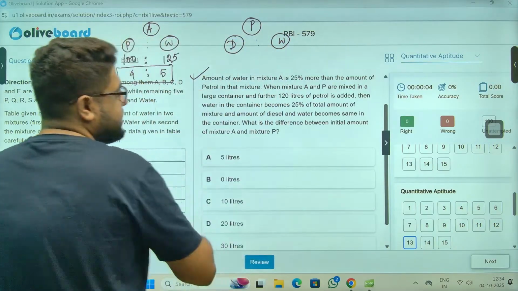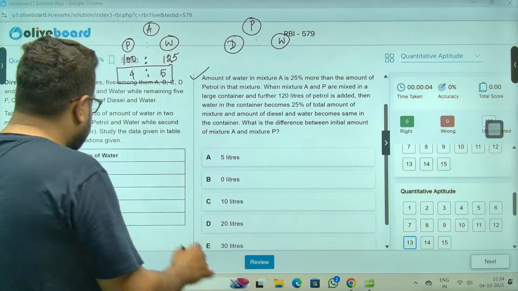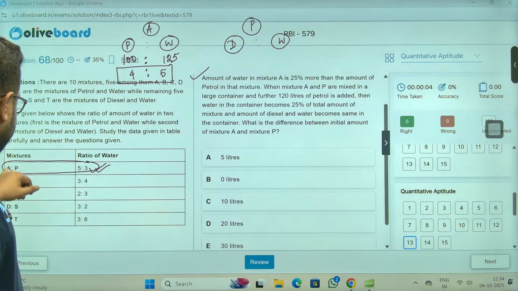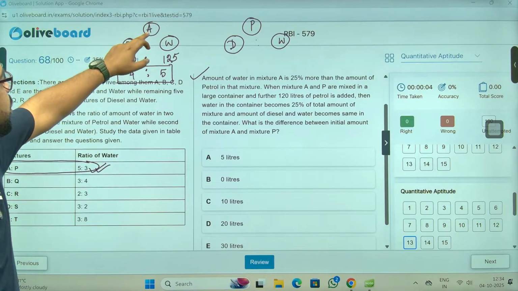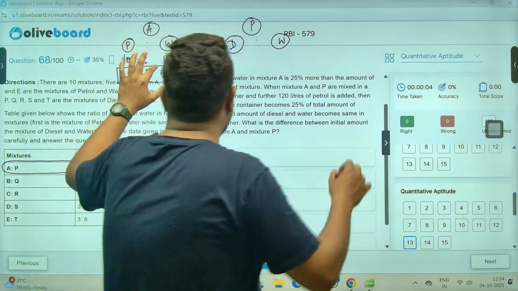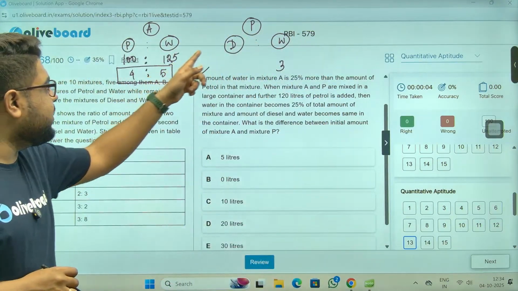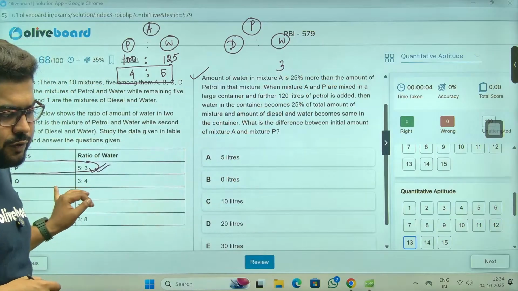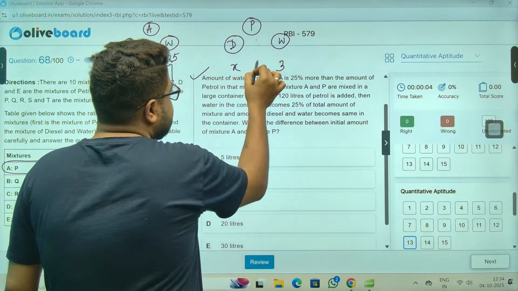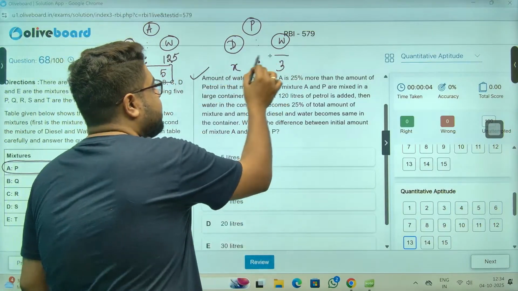Now think of this, sir. Again, this is 5:3 given to you of ratio of water. So A is 5, P is 3. Automatically A is 5, so this has to be 3, sir, because of this ratio, 5:3. And diesel, I don't know, I'm taking X. Now again, I don't know how much of this.